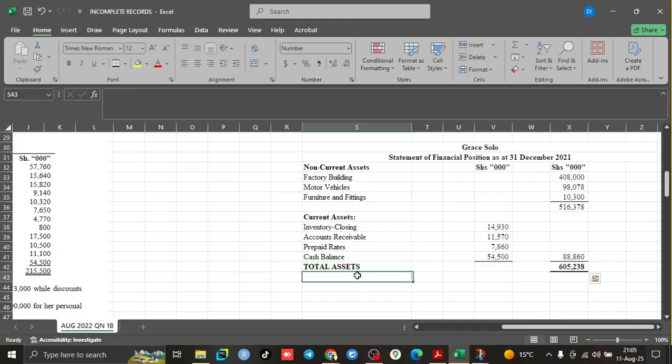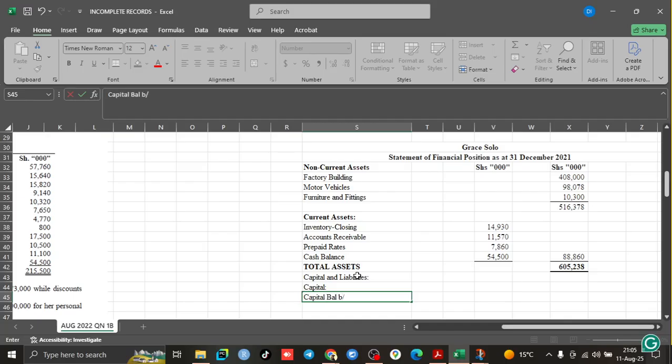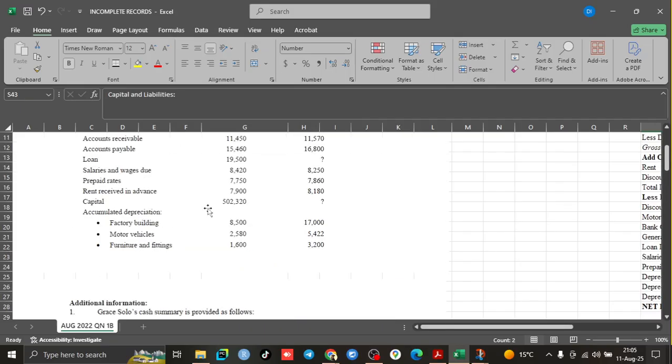Now to capital and liabilities. Capital balance brought forward: where are we going to get it? We'll get it from the trial balance that was given. As you can see, 502,320. This year's we don't know yet, because there is additional capital as well as net profit.